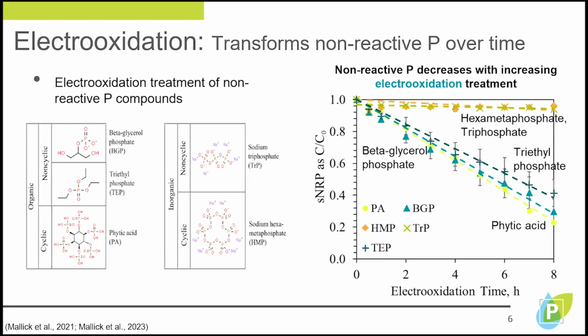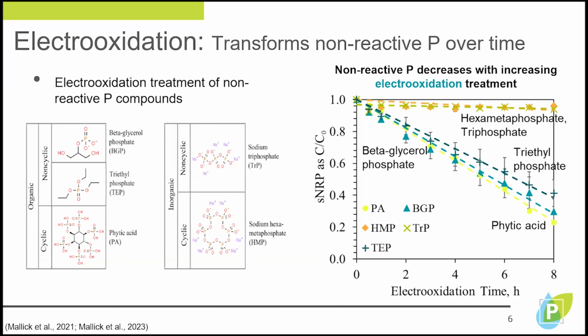So we looked at electrooxidation and we examined a few different types of non-reactive compounds. You see them listed on the left there, a range of organic and inorganic compounds with different structures. When we put those in water and treated them over time with this electrooxidation process, what we see in the graph is that the lines show a downward trend, indicating that the non-reactive phosphorus species are going away as we apply more treatment.